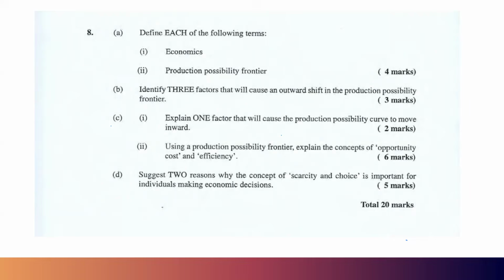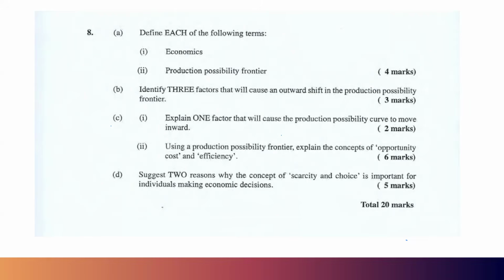Very good. Let's make sure you say it's a social science that studies. Start off like that, right? It's a social science that studies, and then say something about scarcity, right? How economic agents use scarce resources, how individuals use scarce resources. Just say something about scarcity after.